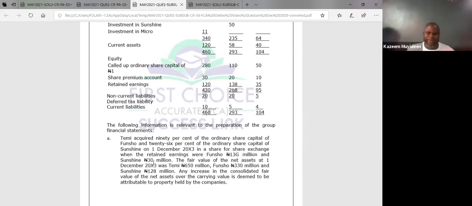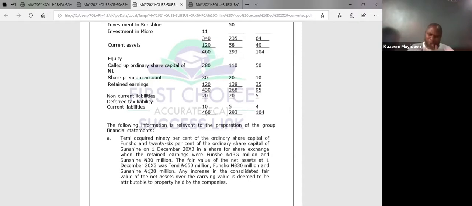Calm down. Let me read. The fair value of the net assets as at December 2003 was Temi. What do I want to do with the net assets of the parent? That is not meant for me. I only need the net assets of the subsidiary. Fusion 330, correct, and Sunshine 128. Do I need the net assets of Sunshine?